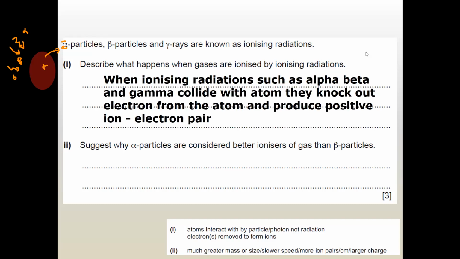Then suggest why alpha particles are considered better ionizers of a gas than beta. What is the reason?